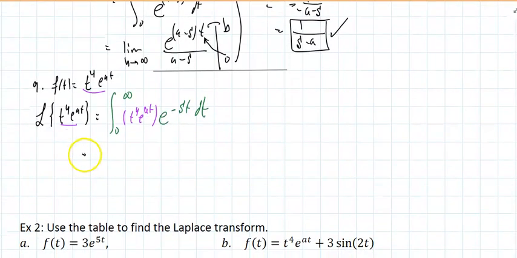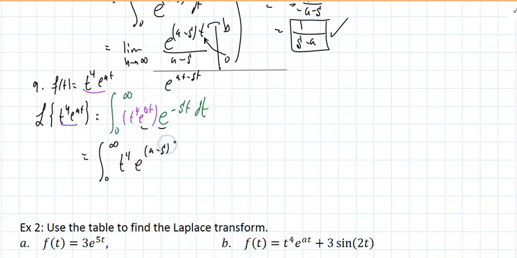This is going to equal the integral from 0 to infinity of t to the fourth e to the at minus st. If I factor a t out, there it is. This is going to require integration by parts. I'm going to let u be t to the fourth, then 4t cubed, 4 times 3 t squared, another derivative, 4 times 3 times 2 t to the 1, 4 times 3 times 2, and a 0.